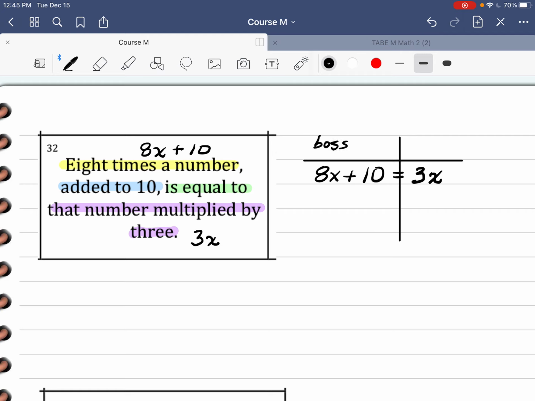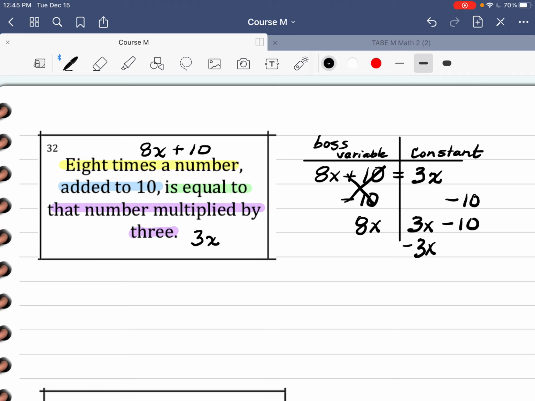The boss variable, you could move the 8x, but since I've taught you that pattern, I'm going to keep that pattern. I'm going to move that 10 away from the variables, move him over there, and I'm left with 8x, 3x, minus 10.